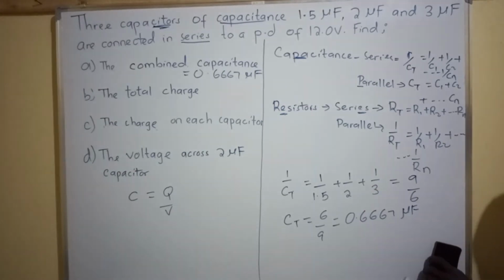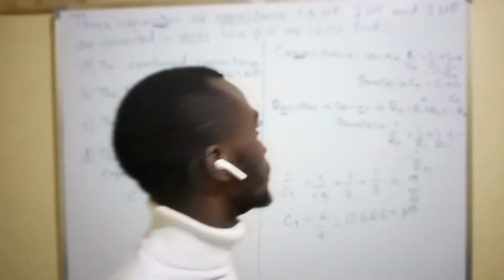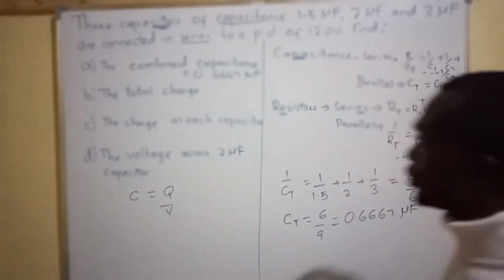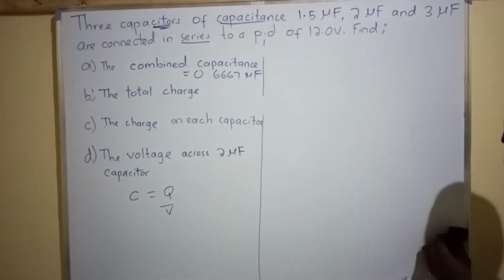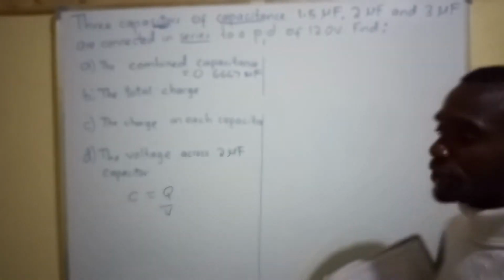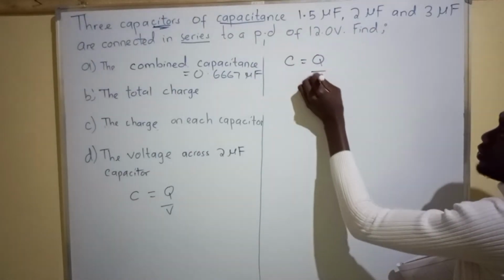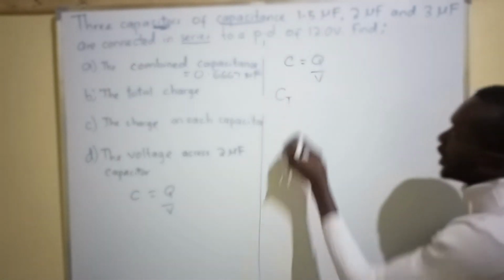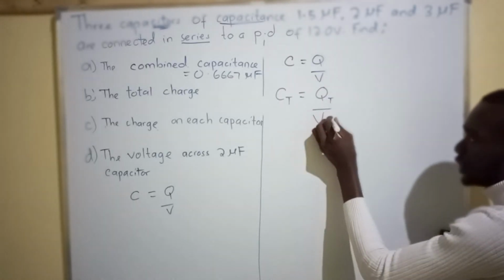So now, question B, the total charge. From the formula, capacitance is the quantity of charge per unit volt, so C is equal to Q over V. It means that the total capacitance, the effective capacitance, is the same as the total charge over the total voltage.